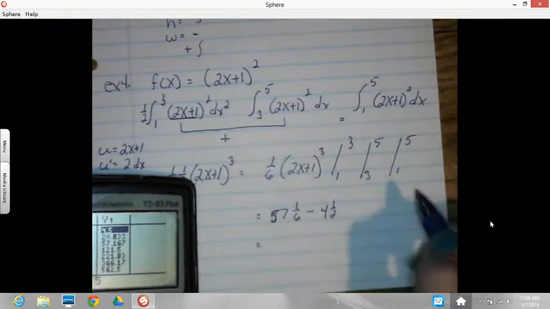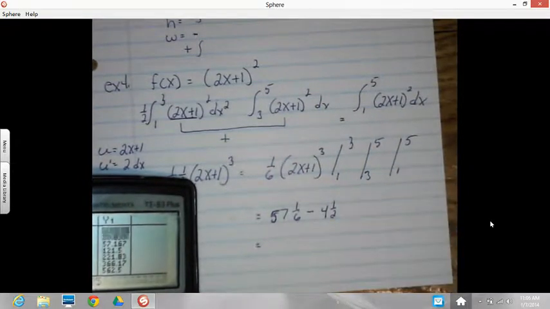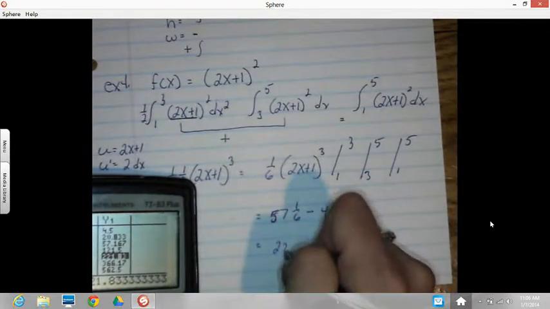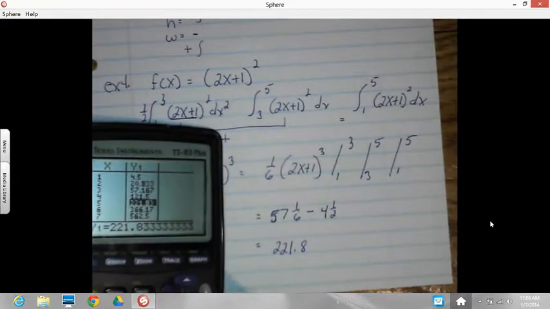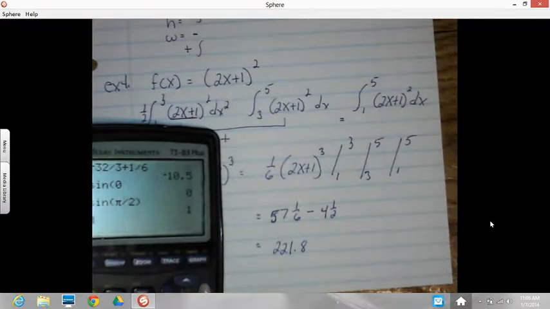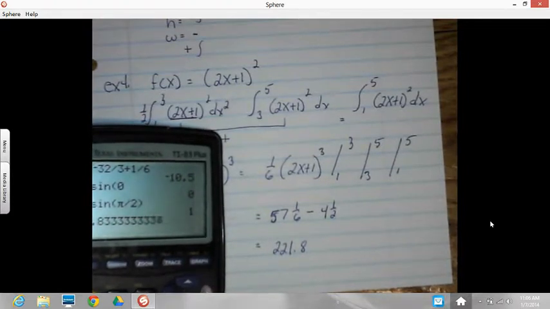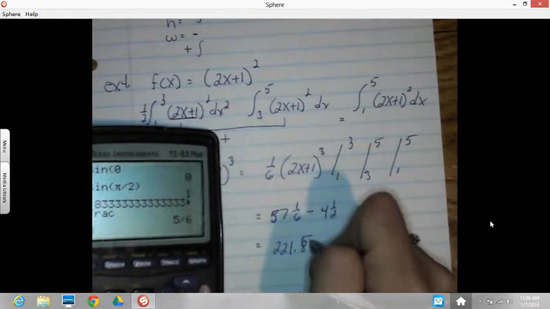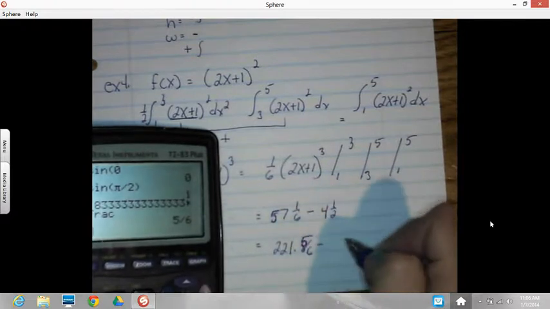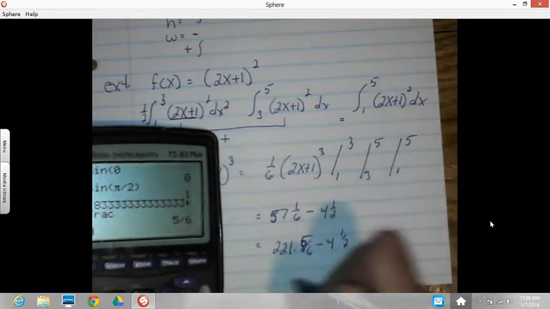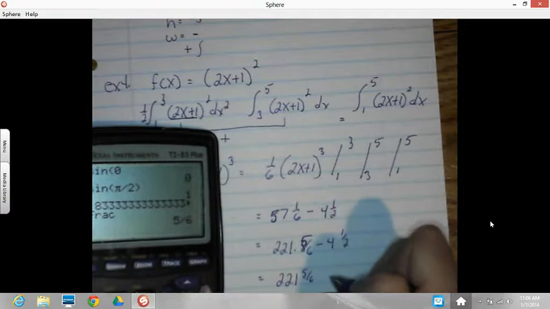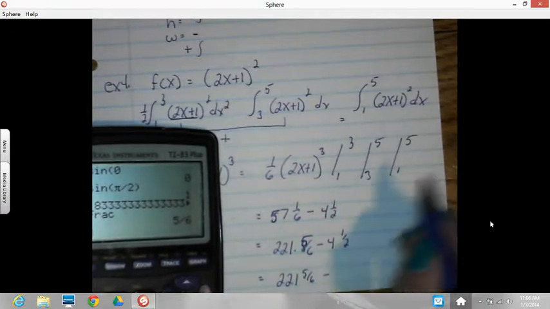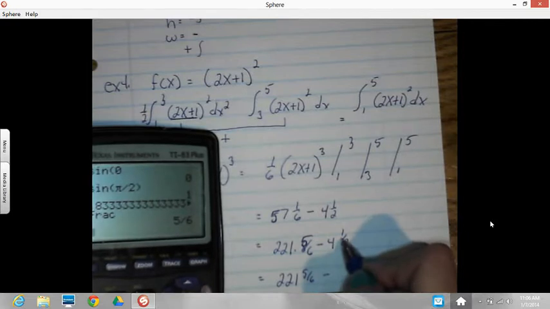The second one, I need the 5. That's 221.8. I've got to figure out what that fraction is. 0.833333 repeating. So I'll quit. 56 minus the 3 was 4.5. And then the 5 was 221 and 5/6 minus the 1 was the 4.5. Oh, did I put this one in the wrong spot? I did. This was the 57.